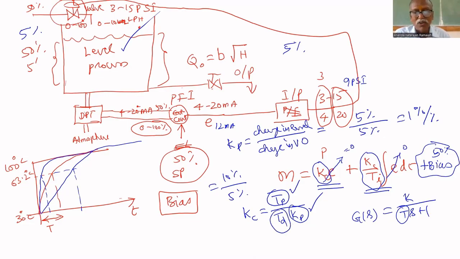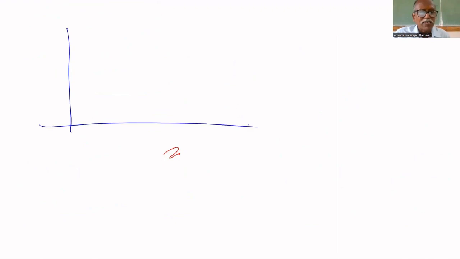This Td only you do not know how to find. The Td is the dead time in the process. In some processes, if we change the input, the output won't change immediately. It takes some time to respond. For example, in the level process, I changed the valve opening by 5%, but there is no appreciable increase for some time.